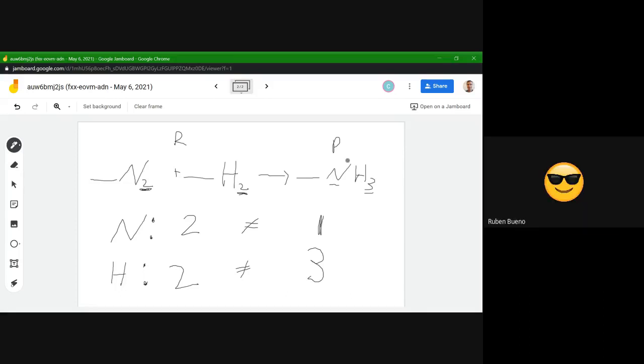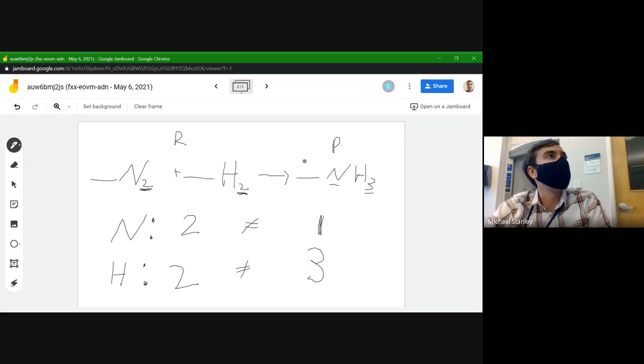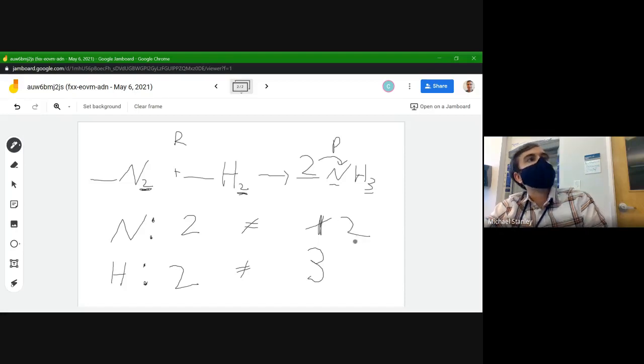Yeah, exactly. We could put a 2 in the coefficient spot right here, right next to it. So that would definitely give us 2 N's, right? This 2 goes to the N and it goes to the H. So we no longer have 1 N, now we have 2 N's. So yay, that's a good sign. We just balanced our nitrogens.